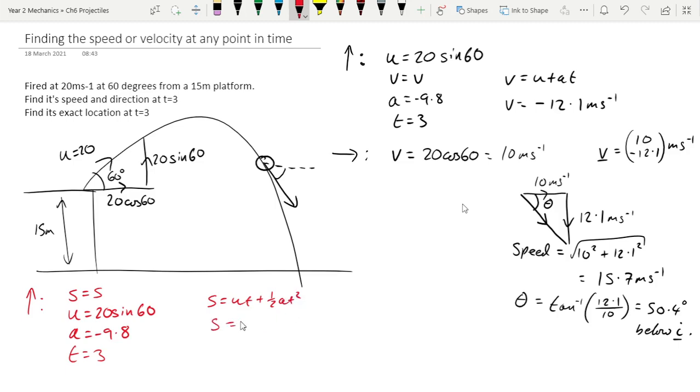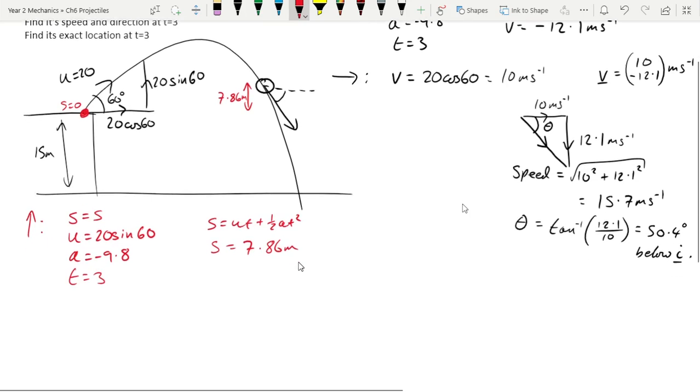So it's going to be 20 sine 60 times 3 minus 4.9 times 3 squared. So we've got 7.86 meters. Okay, now that's measured from where it started. So we're assuming that this point here is S equals 0. So it's 7.86 meters above where it started. Okay, so that's that measurement there.